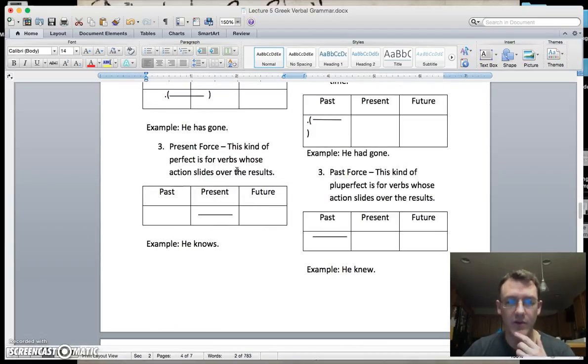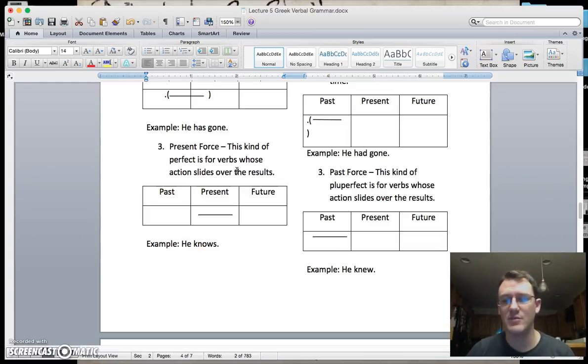And then finally, you have something that mimics the gnomic present, but is slightly different. It's this idea that the present force perfect is this idea that he knew something in the past. The effects of knowing that have continued on to the present, so much so that he just knows.